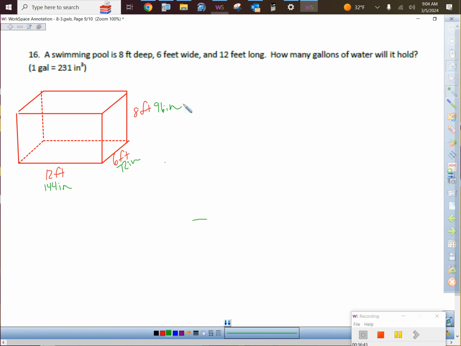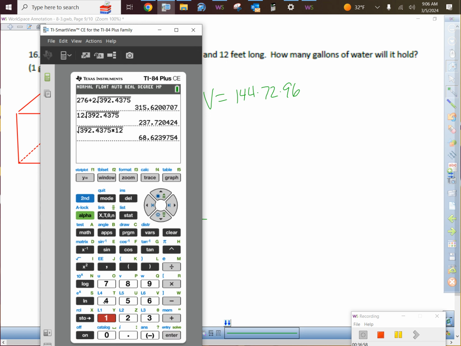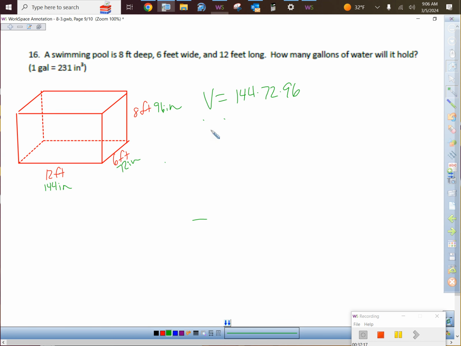It's length times width times height. So let's do that. 144 times 72 times 96. Punch that in. That is a huge number. You will get marked wrong if you do not put commas in large numbers. Commas go every 3 places. So you must put a comma in that large number. 995,328.